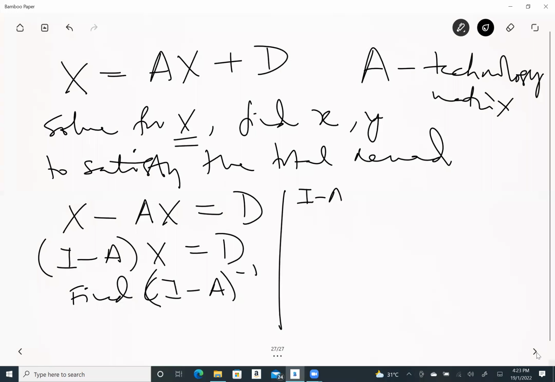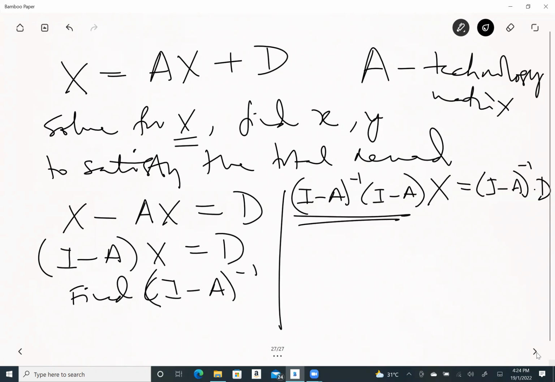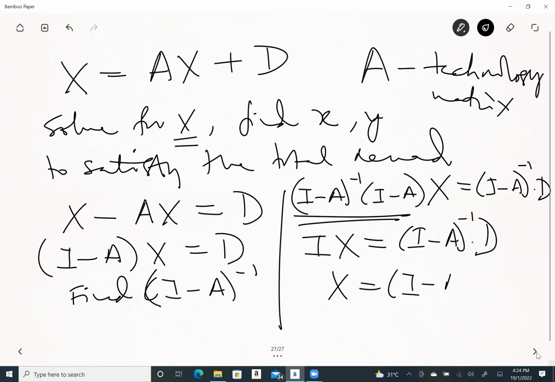So I minus A inverse multiplied with I minus A, X equals I minus A inverse times D. And this is equal to I, so IX is just equal to X. So you got X equal to I minus A inverse times D.